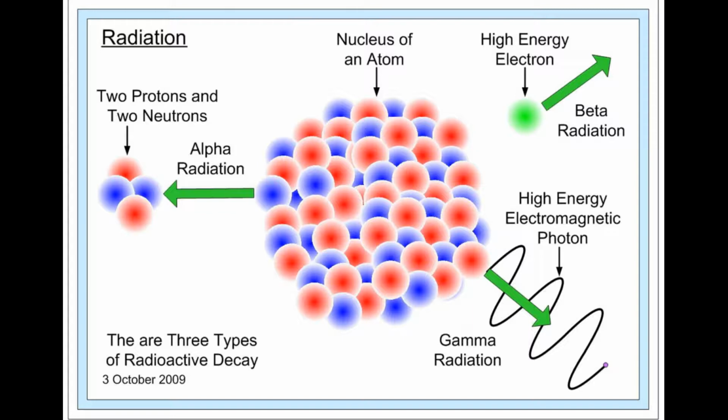There was a kind that had a positive charge. Those were named for the first letter of the Greek alphabet, alpha. The alpha particles turned out later to be the nuclei of helium atoms. There was a kind that had a negative charge, and those particles, which were named beta, were in fact electrons.